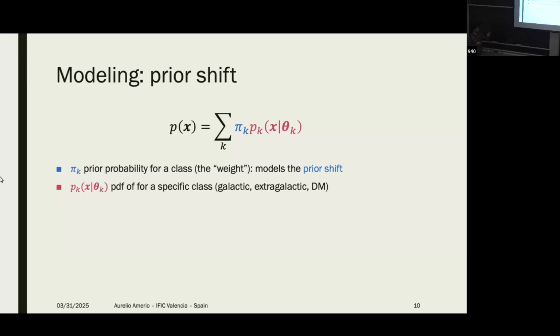And if we're able to write this model and we fit it to the associated and unassociated sources, we would see the effect of a prior shift in the fact that this prior weight is changing between one dataset and the other. And if we are able to write this distribution, we can immediately perform classification and say this source is this class of source with a certain probability by using the Bayes theorem. So we can make predictions for the unassociated gamma ray sources, actually making them not anymore unassociated.